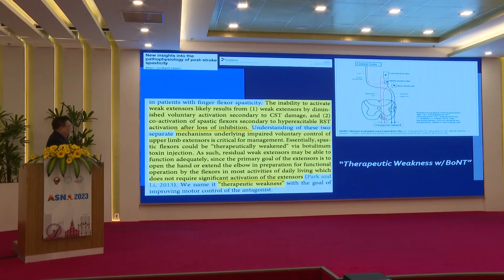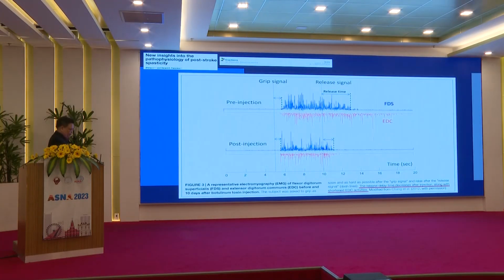If you therapeutically weaken the spastic flexors, residual weak extensors may be able to function adequately, since the primary goal of the extensor is to open the hand or extend the elbow in preparation for functional operation by the flexors. So this is what is referred to as the impact of botulinum toxin in spasticity, inducing what is referred to as therapeutic weakness.